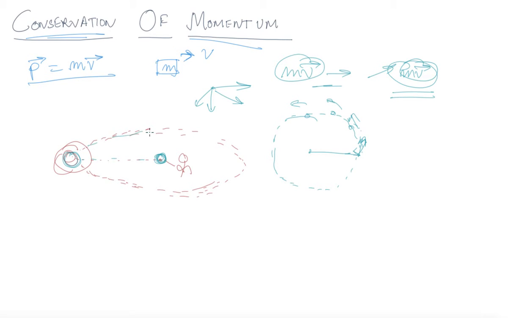So this was the example that was given. We will discuss this more in the chapter of rotational mechanics, but for now what you need to know is, if you change the direction, your momentum also changes, and if you're changing the momentum, you need to apply force. This is a perfect example of momentum change with applied force.